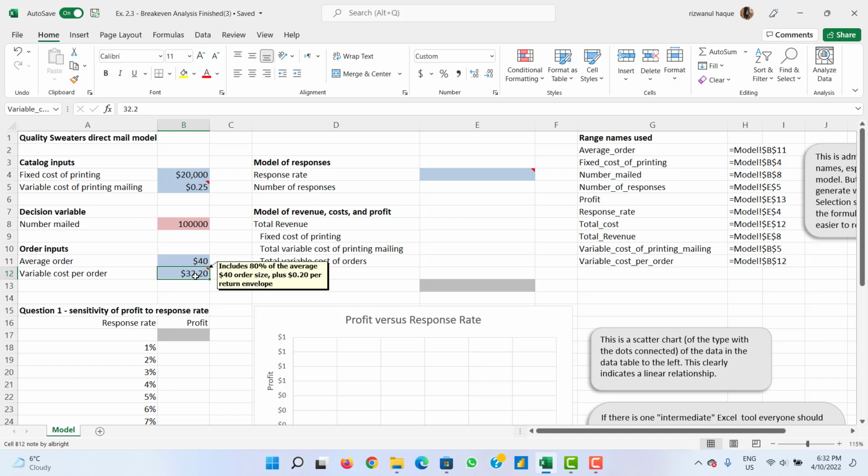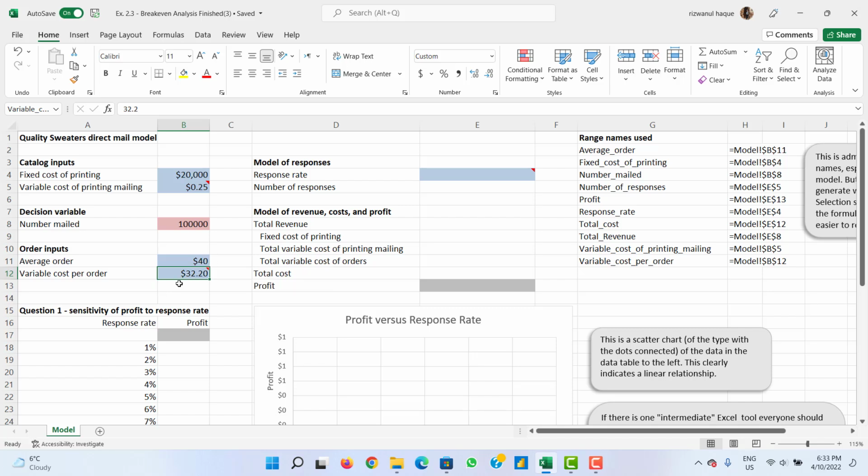So it includes the variable cost per order. I can define it as: if you make some sweater, you must have some raw material used, it must be manufactured in some factory, it must have some labor. So these all include your variable cost per order.